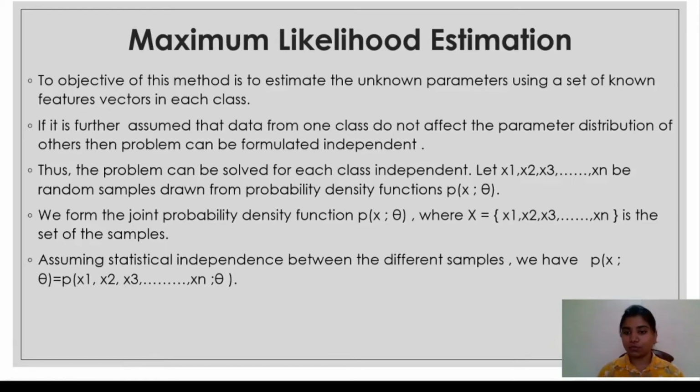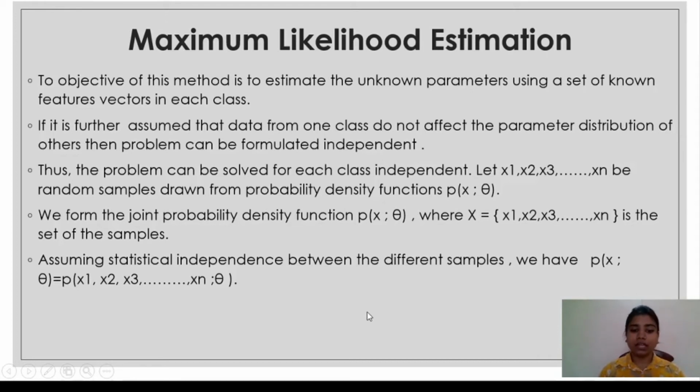Let us assume that x1, x2, x3 up to xn are the random samples drawn from the probability density function, that is, probability of x given theta. We form the joint probability density function, that is, probability of X given theta, where X is nothing but our random samples drawn from the probability density function, which we considered earlier as x1, x2 up to xn, the set of samples.